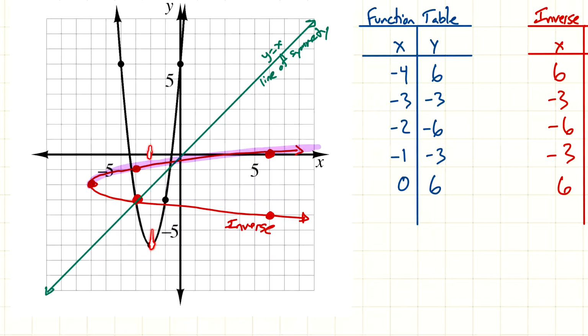So it has to be values greater than -2 for the original. And for the inverse, we could only plug in x values greater than -6.